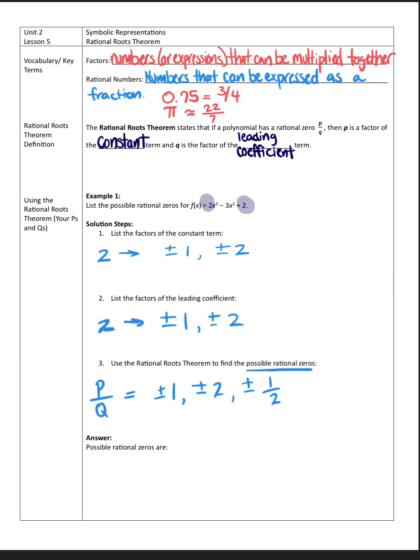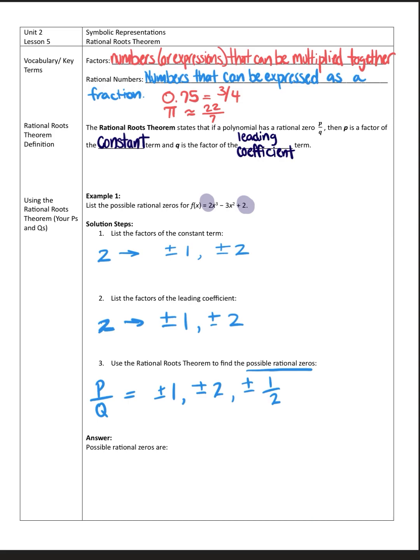I could take this positive 1 and put it over this positive 2 and get positive 1/2. I could take this negative 1 over positive 2 and get negative 1/2. So all of these different combinations would make these possible rational zeros, okay?